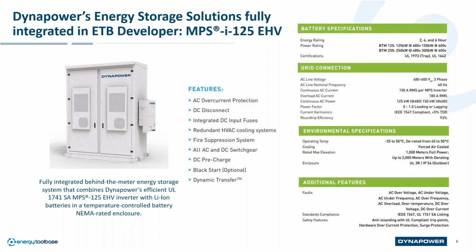So this is a package. In fact, I was just on a call earlier today, and we're in the final stages of the development of this. It is 125 kilowatts maximum, and we're just finishing off a similar system, the MPSI 250, which has two of the 125 kilowatt inverters on it for a total of 250 kilowatts capacity, and a 2-hour energy storage package.